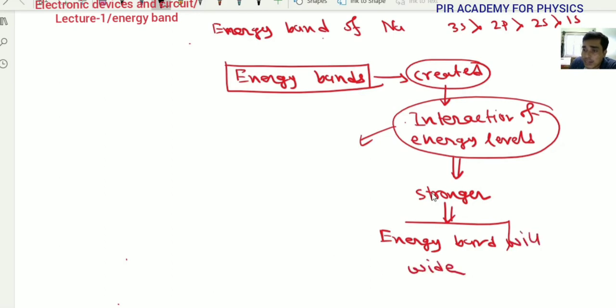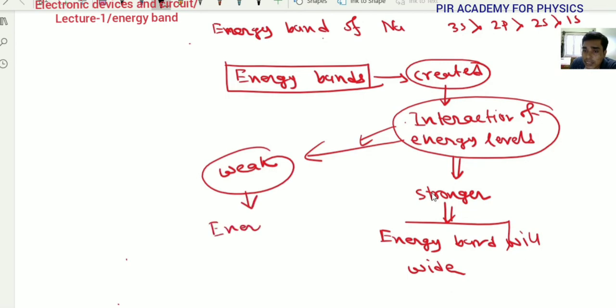If this interaction is weak, then the energy band will be thinner. This is the condition, this is the explanation.